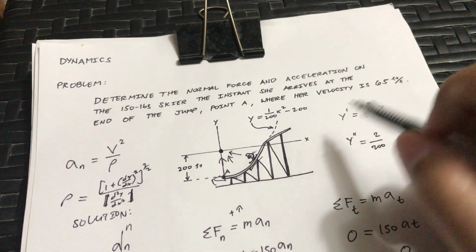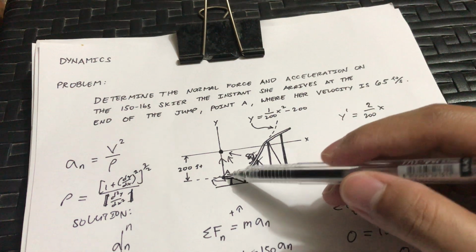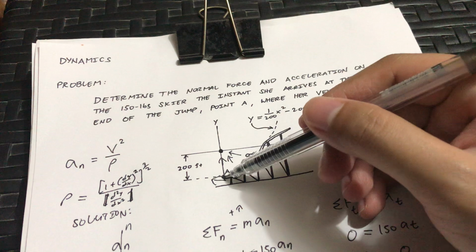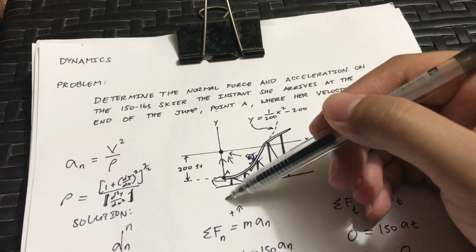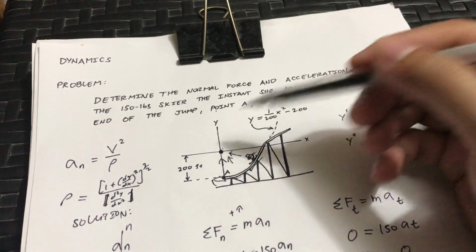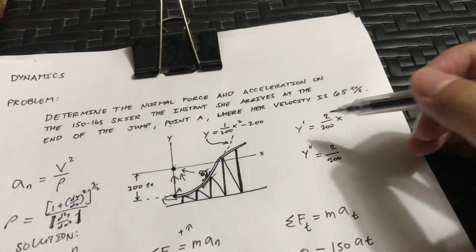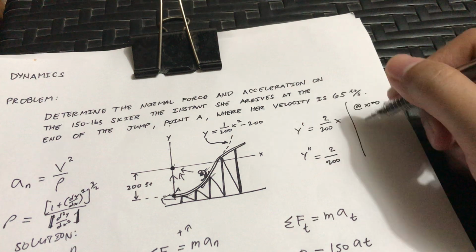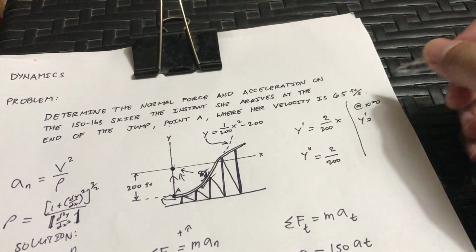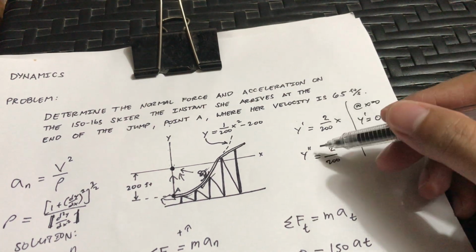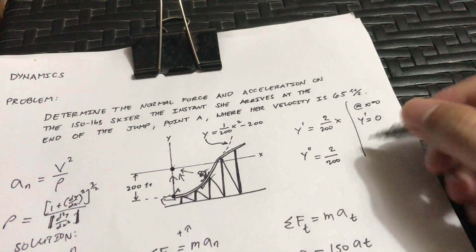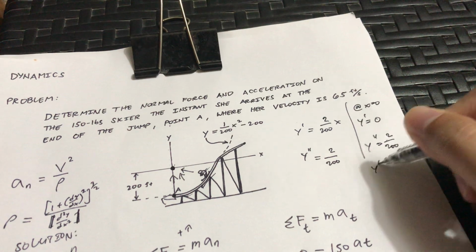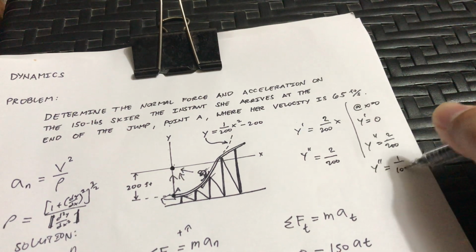At the instant at point A, the value of x is 0 because point A is located at the y-axis. So at x equals 0, y prime becomes 0, while the second derivative has no x, so it's still 2 over 200, or simply 1 over 100.